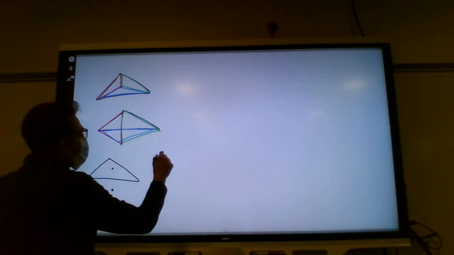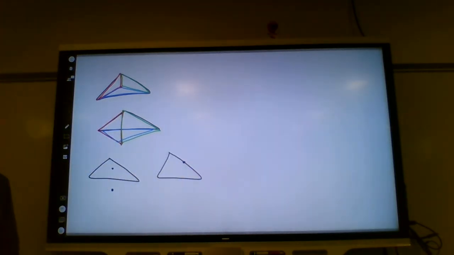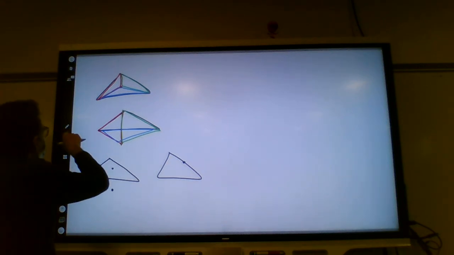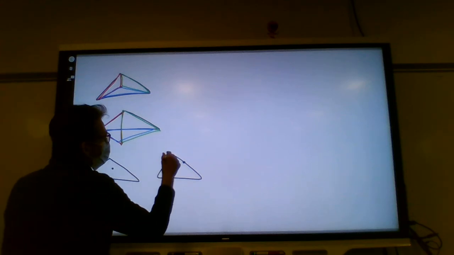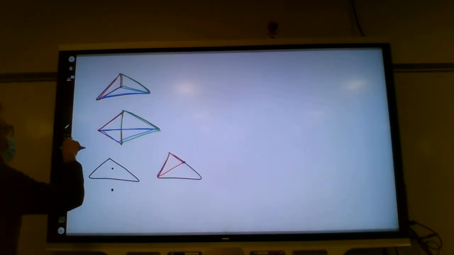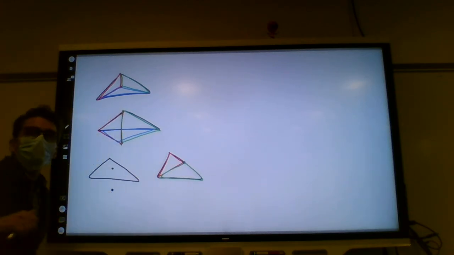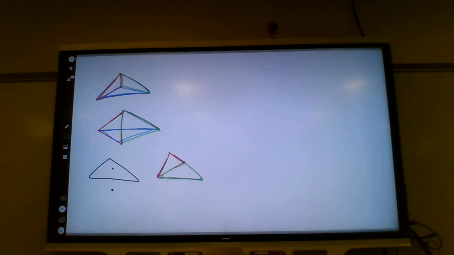What would happen if the point was right on one side of the triangle? Then what would happen? We would have that triangle. We have that triangle. And what about the blue triangle? Yeah, it's not a triangle, is it?